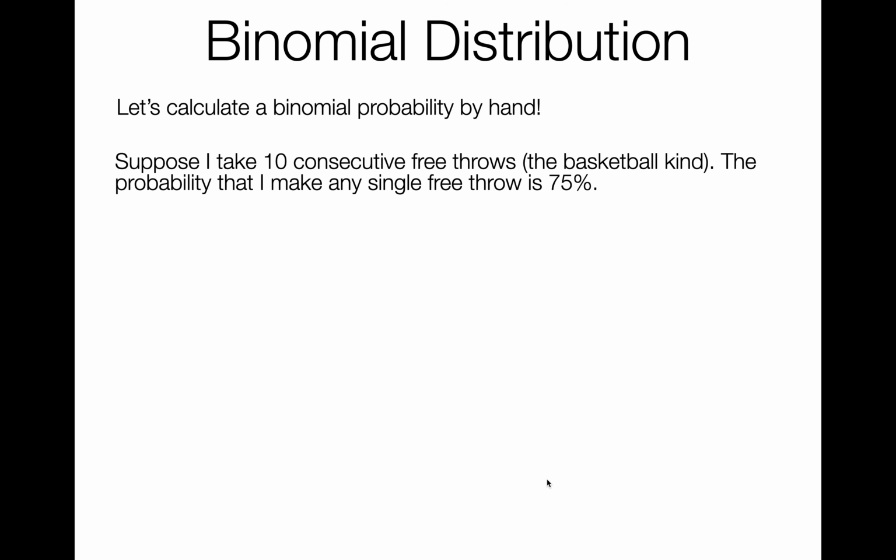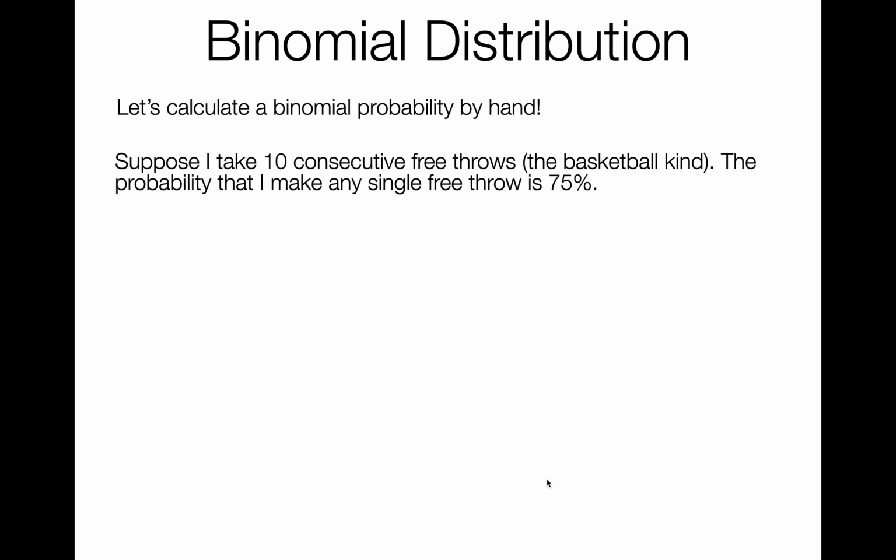Okay, great. I shoot 10 consecutive free throws, 10 free throws in a row, and the probability that I make any single free throw is 75%. With this information, we know that this is a binomial experiment. I have a fixed number of trials. Success or failure, I either make it or don't. Every time I have the same probability of success of making it, and the trials are independent, basically.